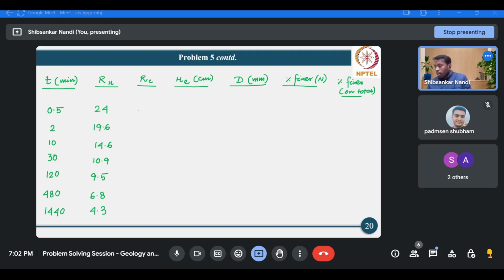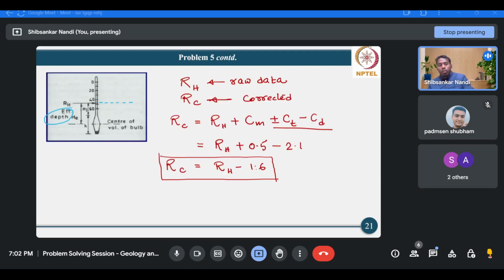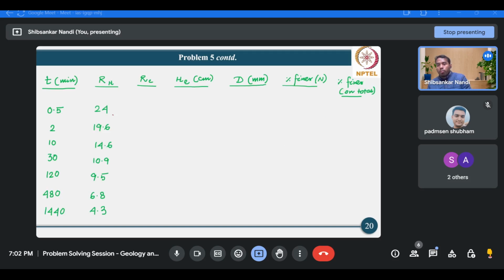What would be the corrected hydrometer reading corresponding to time 0.5 minute? RC equals RH minus 1.6, so we subtract 1.6 from each of this data. 24 minus 1.6 is 22.4.